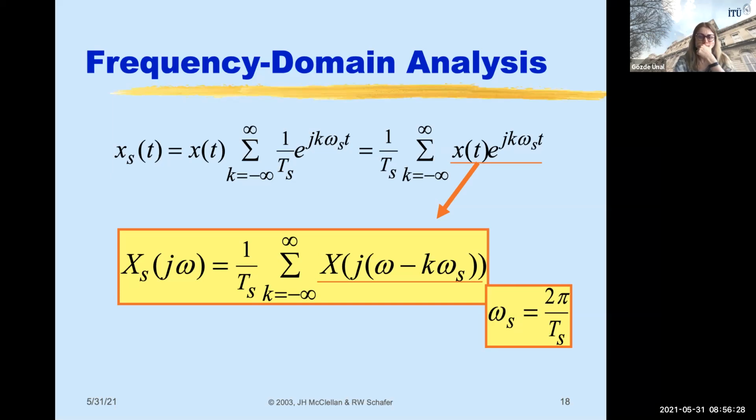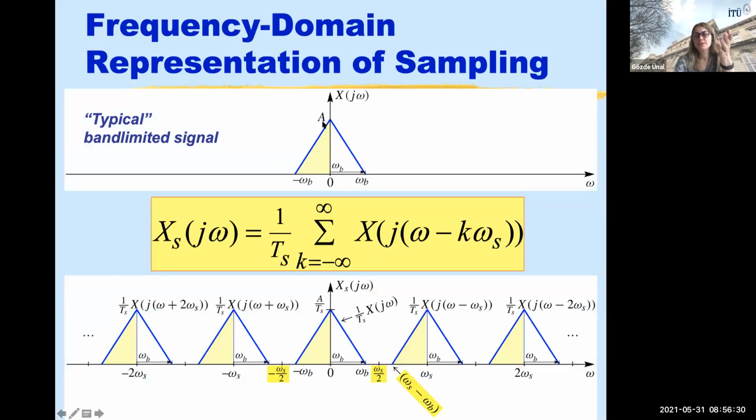Here, for instance, this is just an illustration of a typical band limited signal. Band limited because you see outside minus omega B to omega B, the signal spectrum is 0. We show it like a low pass signal, but it can be otherwise, of course.